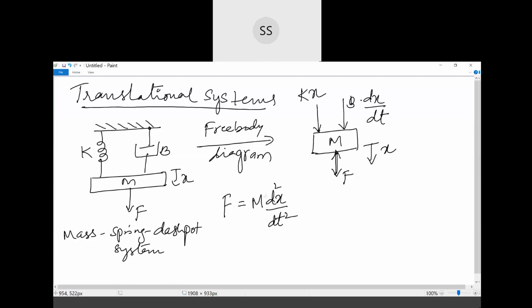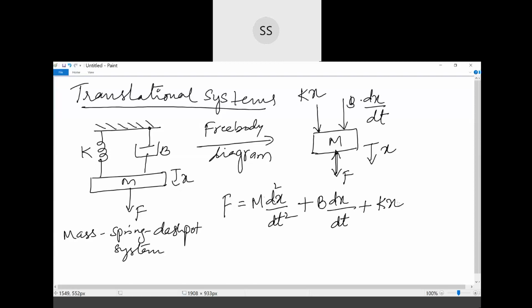Now this is a complete system which has all the elements, like the spring is also there, friction is also there, and mass is also there. Therefore total force F is equal to, first the mass element equation, plus next the friction component, that is b into dx by dt, plus last one is the spring component, that is k into x.